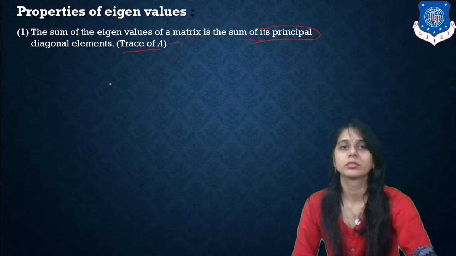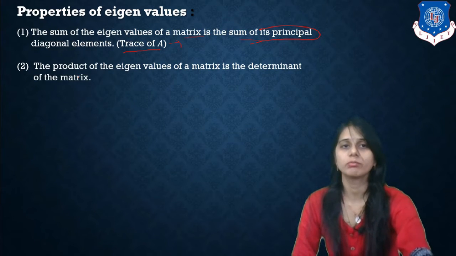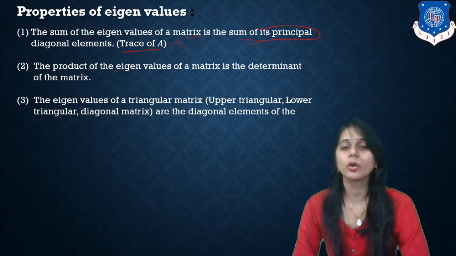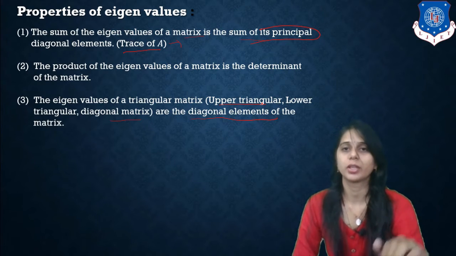Second property: the product of the eigenvalues of a matrix is the determinant of the matrix. The eigenvalues of a triangular matrix, upper triangular, lower triangular and diagonal matrix, are the diagonal elements of the matrix.